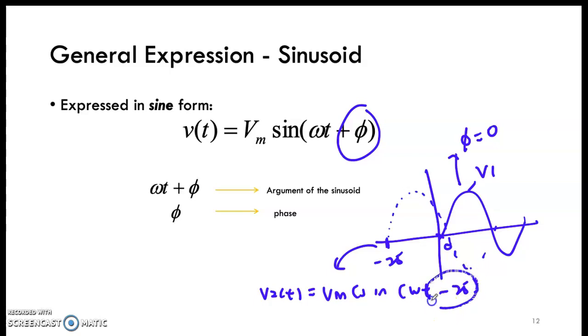This is what we call the phase. So how can you get the value of the phase? Omega t minus 25, the phase here is actually minus 25, because this is minus. So that's why we get here minus 25.